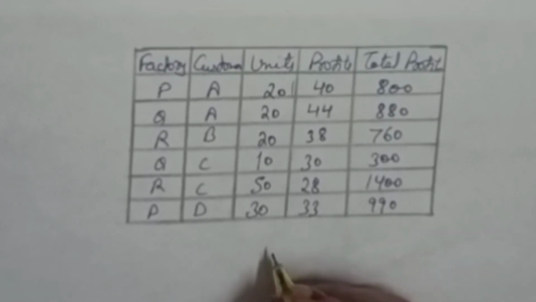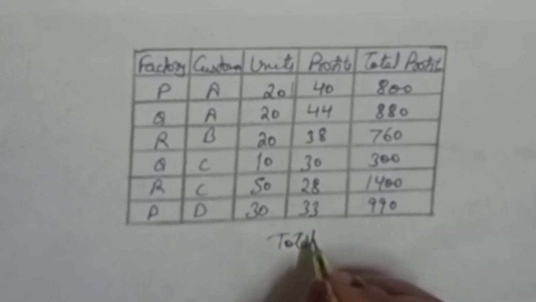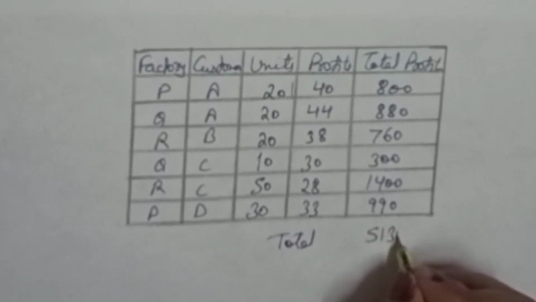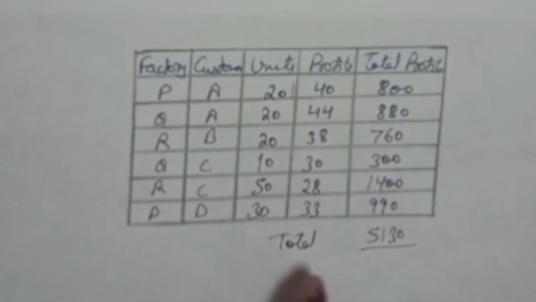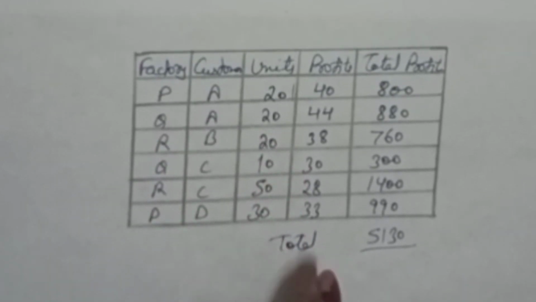And the total of these profits is 5130. So this is our maximum profit. And our sum is completed here. This is our optimal solution.